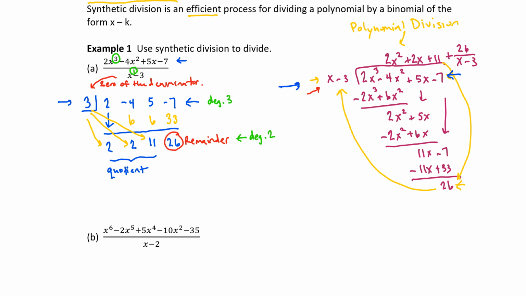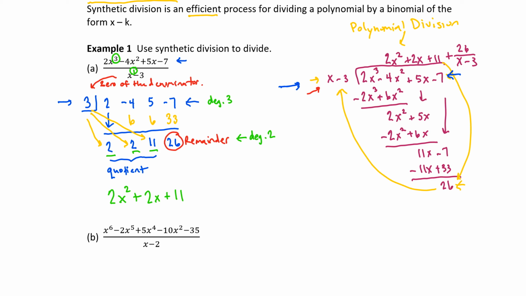If I start out with degree 3, the result is going to be degree 2. So what I'm going to do is take the coefficients on the last line of my synthetic division problem, and I'm going to assign descending powers of x starting with degree 2, or x squared. So we have 2x squared plus, the next term would be 2 times x, plus that would be my constant term.